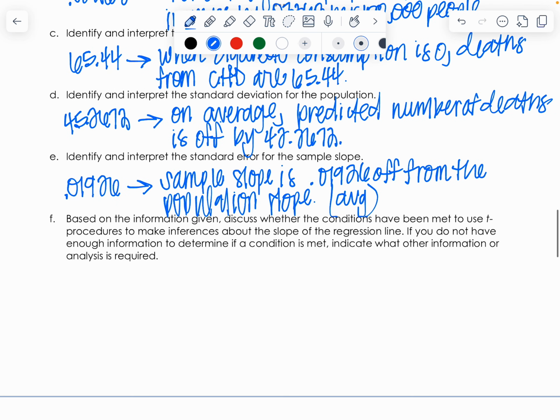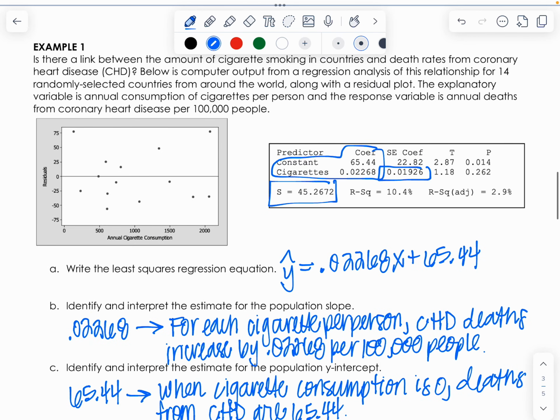Based on the information given, discuss whether the conditions have been met to use the T procedures to make inferences about the slope of the regression line. Can we do a confidence interval? All right, well, this is the L, I, N, E, and R. Okay, so linear. Do we have a scatter plot of the data? We do not.